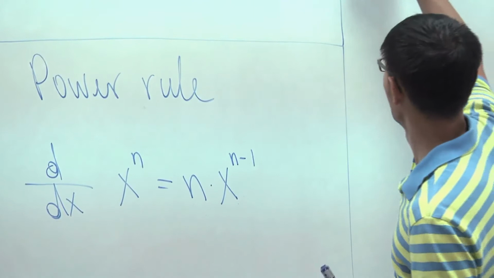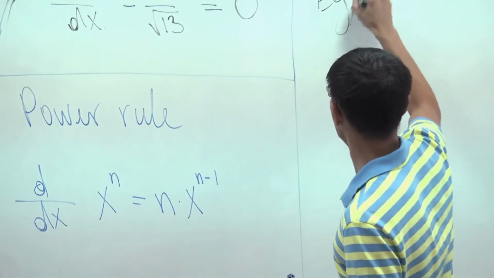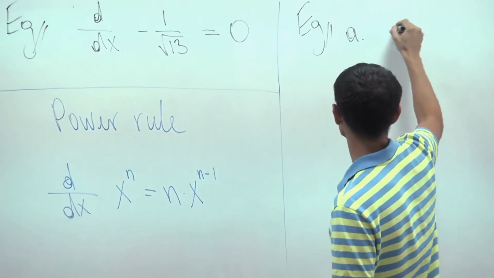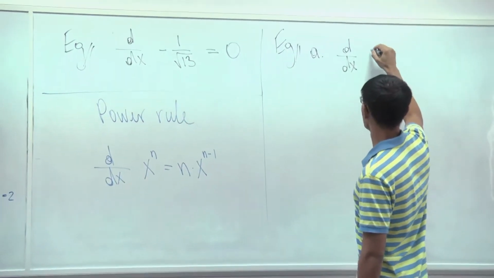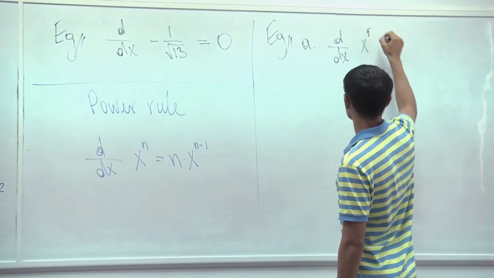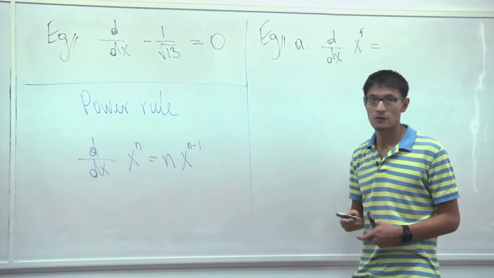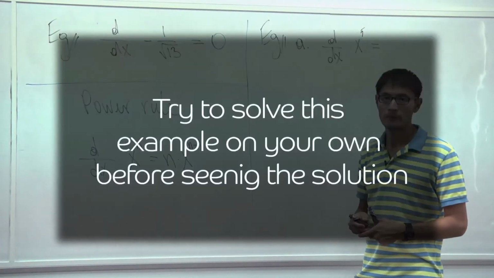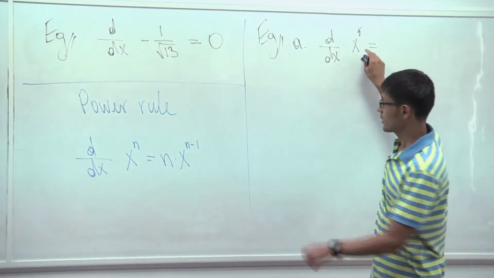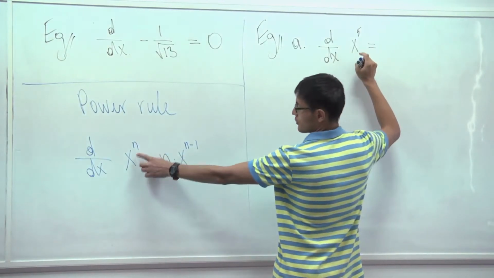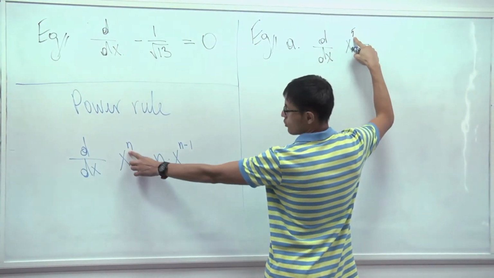So for example, let's say you want to find the derivative of x to the 5. Okay, so in this case, if you look at the rule, n is equal to 5.